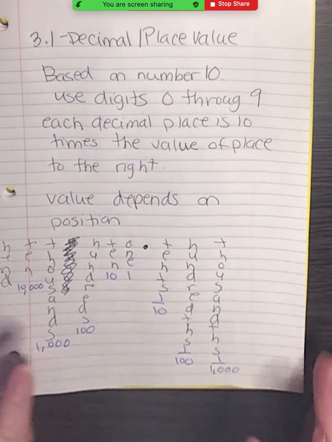So with decimals, we can write them out in words, we can write them in expanded numeral, or we can write them as a decimal itself.